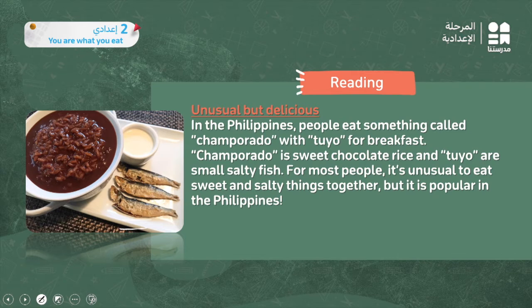Champorado is sweet chocolate rice and toyo are small salty fish. Toyo is the fish and champorado is the cornflakes-like part. For most people it's unusual to eat sweet and salty things together, but it's popular there in this country.